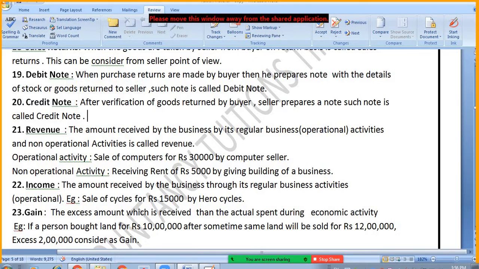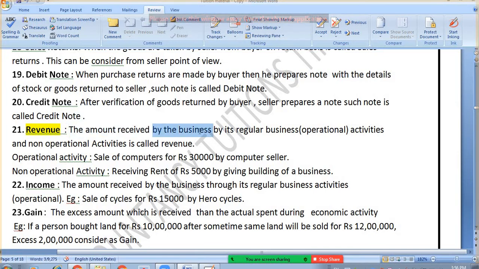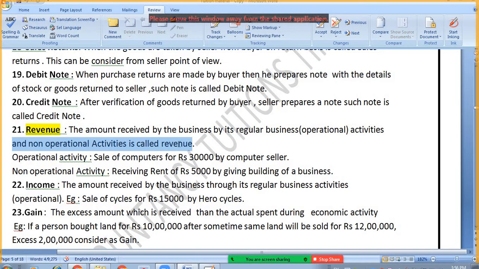Well, next one, revenue. The amount received by the business from its regular business operational activities and non-operational activities is called revenue.